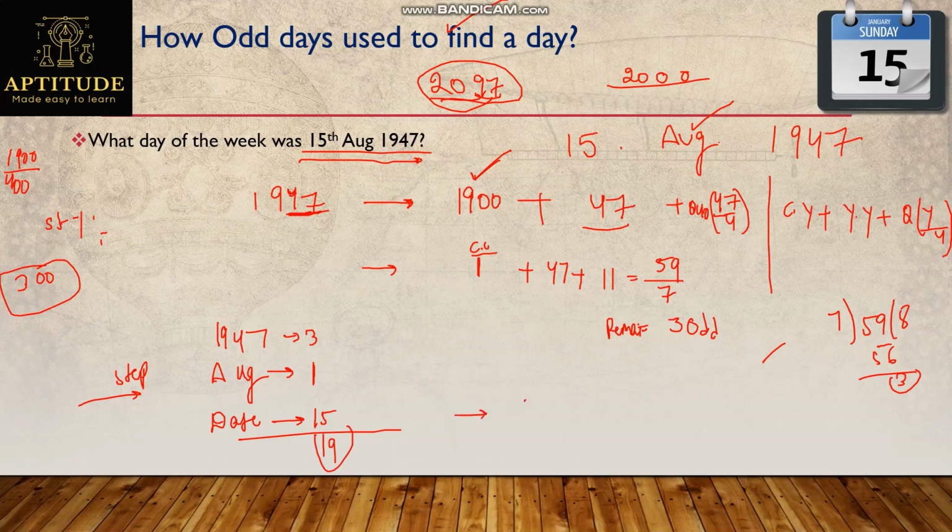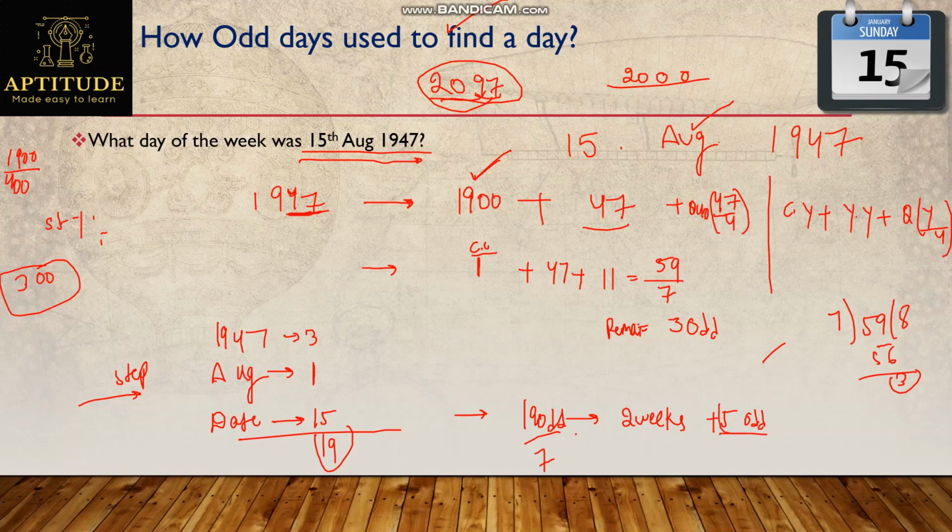And 19 odd days means I can write it as 5 odd days. Why? Because 19 odd days means I can form 2 complete weeks and 5 days will be left over, which is 5 odd days. Or else simply divide this by 7.